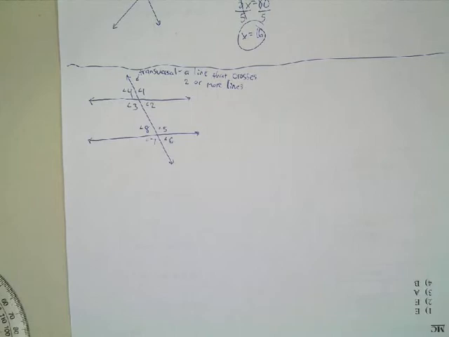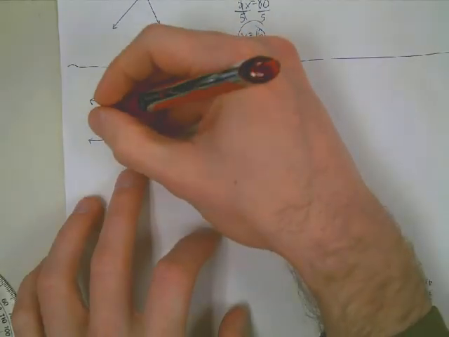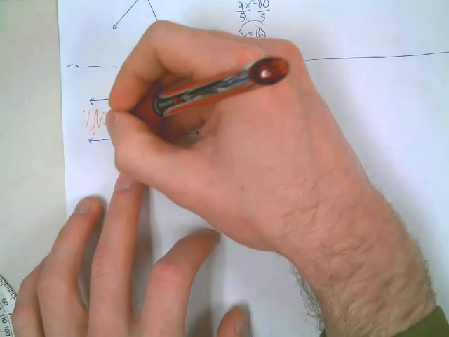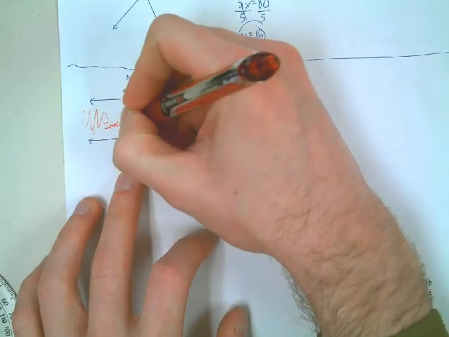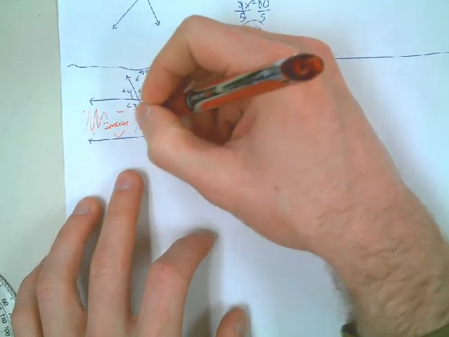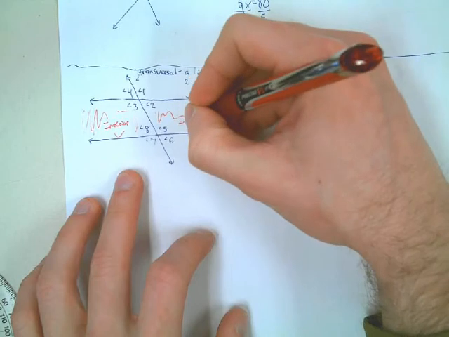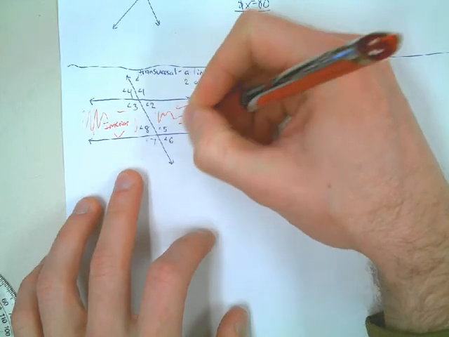So some other things I want to mention here. This is the interior, because it's between the 2 lines here, okay? So that's the interior. All right, and then we also have the exterior, and that's outside the 2 lines here.